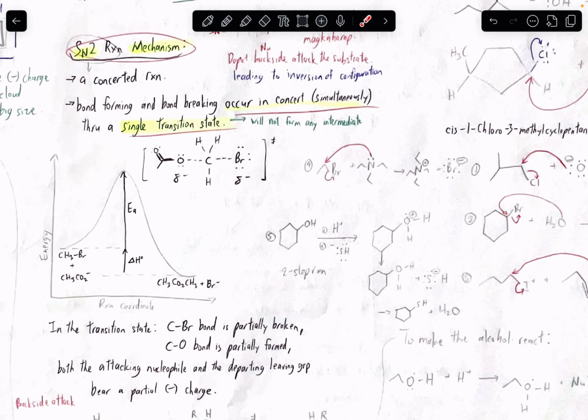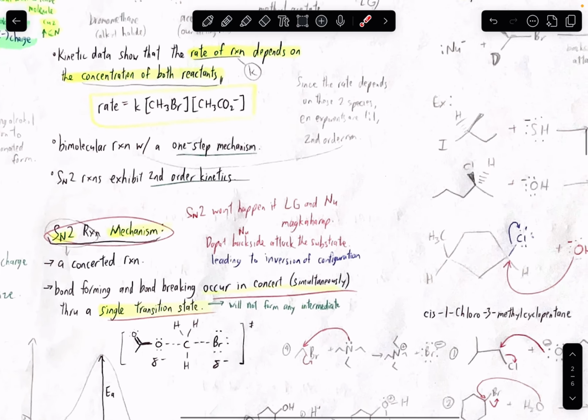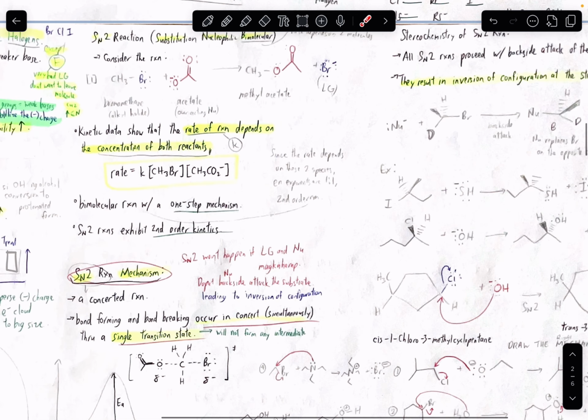How do you draw the transition state? So this is your acetate. Initially it was negative, so you put a partial negative. In the product side, your leaving group became negative, so bromine, the leaving group, has a designation of partial negative.